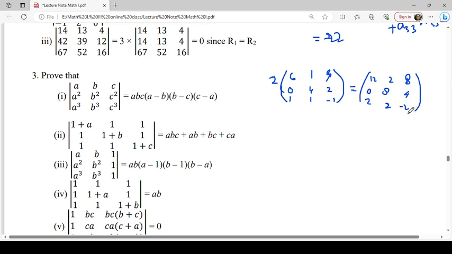But in the case of a determinant, it is not the case. Only one row or one column can be multiplied.